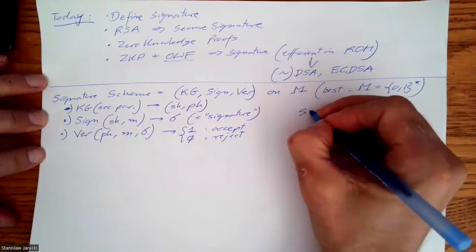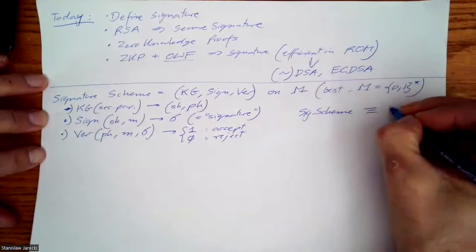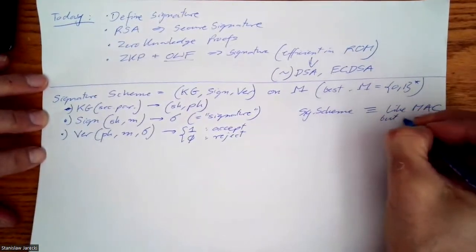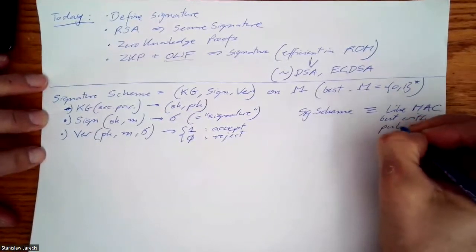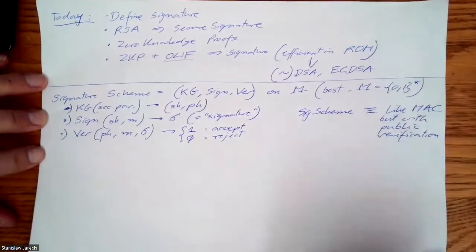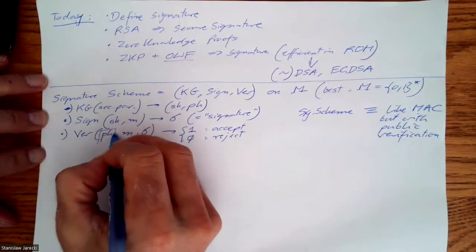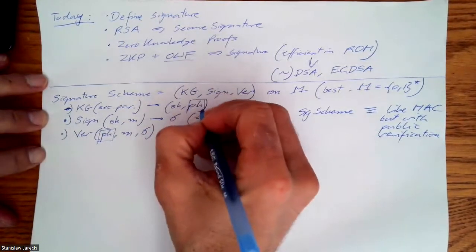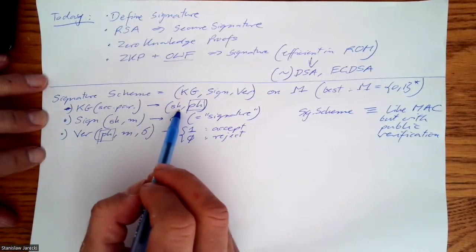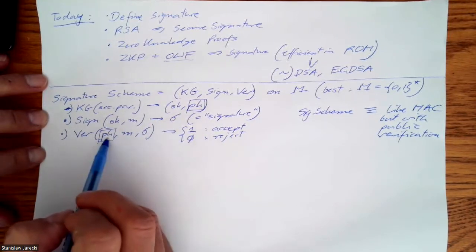So a signature scheme is basically like a message authentication code, but with public verification. Okay, so the difference is here. In a MAC scheme, you picked a single key, and the same key was used to create MACs and to verify MACs, right?